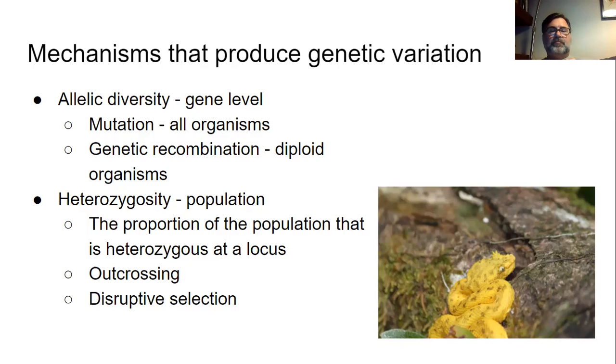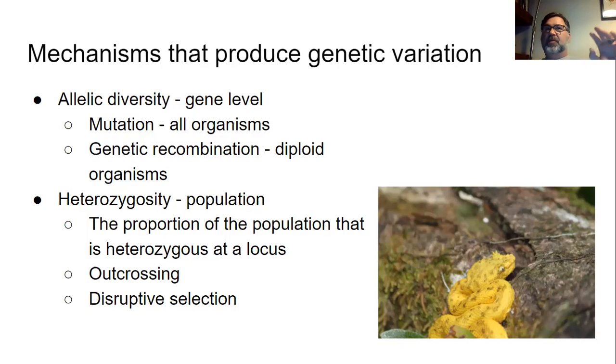Things that promote genetic variation at the level of the population would be things like outcrossing and gene flow. And also, at the level of natural selection, disruptive selection. Disruptive selection is when you are actually selecting for diversity.